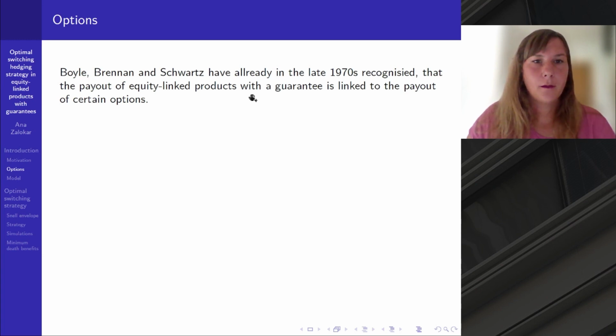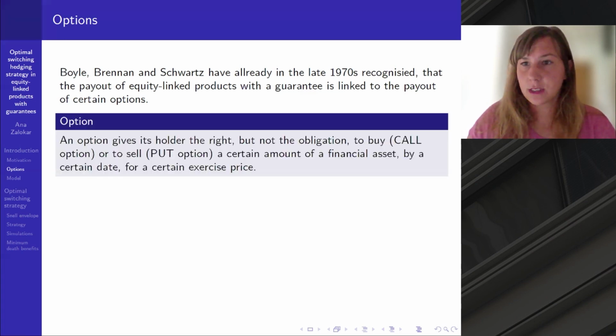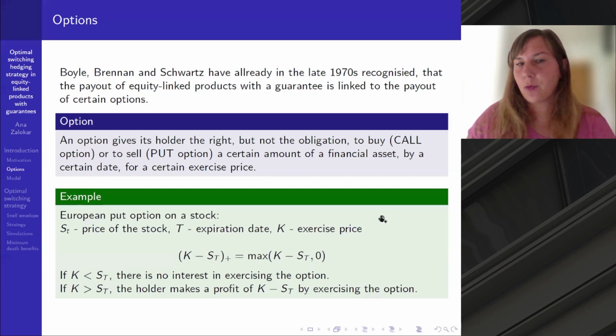Boyle, Brennan and Schwartz have already in the late 70s recognized that the payout of equity-linked products with guarantee is linked to the payout of certain options. And what is an option? An option gives its holder the right, but not the obligation, to buy or to sell a certain amount of financial asset by a certain date for a certain exercise price.